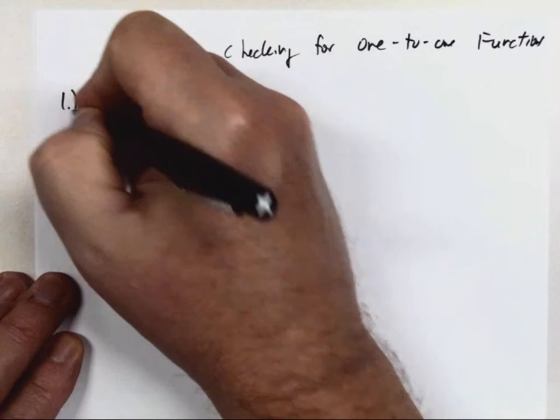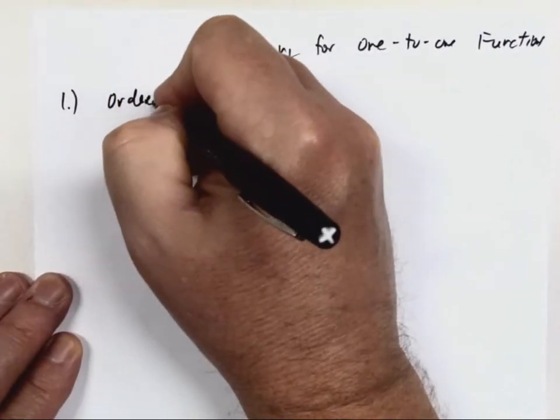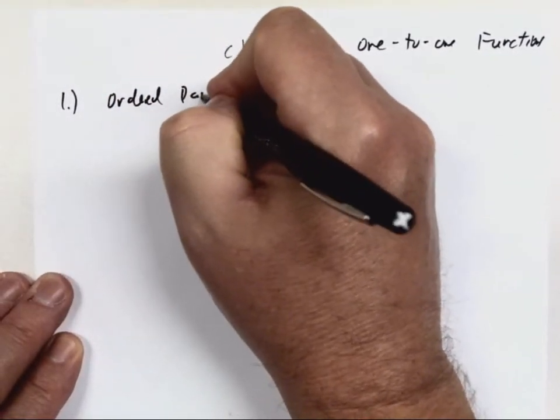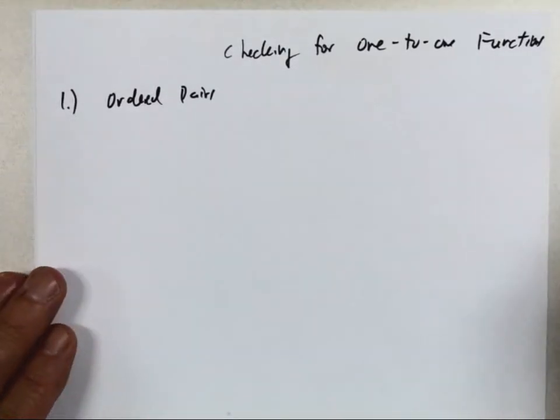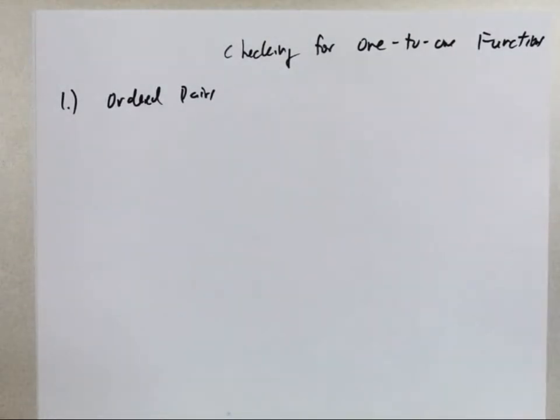So first, for ordered pairs, remember, for a function we ask the question, do x's repeat? And if they do not repeat, we have a function.